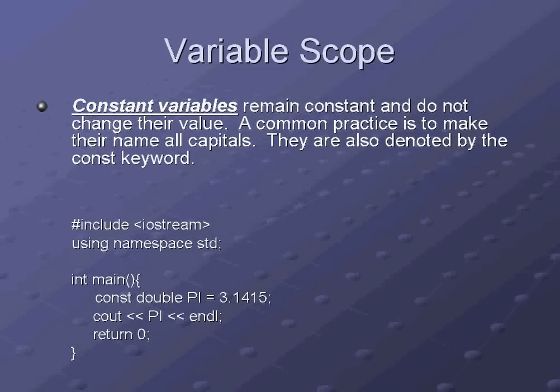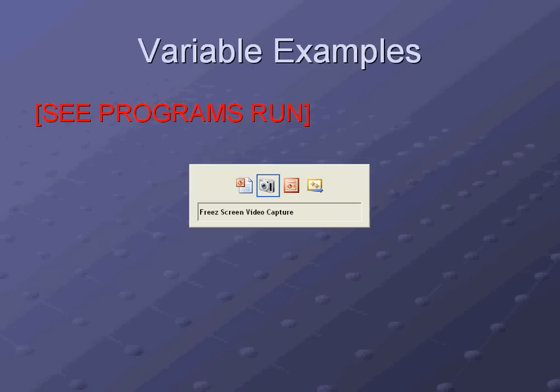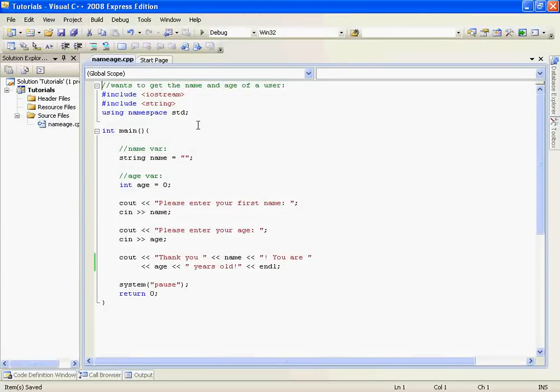Now we're going to see the name and age example. Our program here starts the same, iostream and namespace, but now we have string included. We do that because we're using a string variable, and in terms of input and output, you do need the string library. Now we declare our variables.